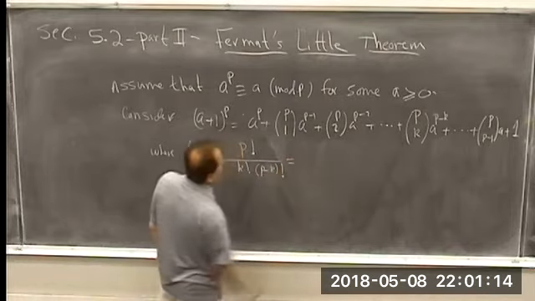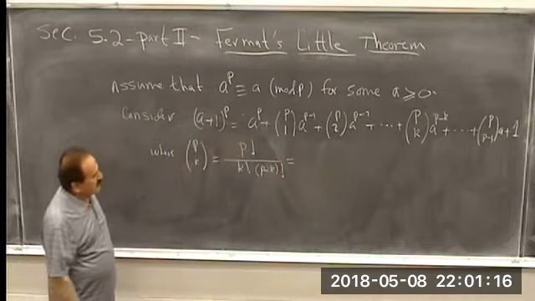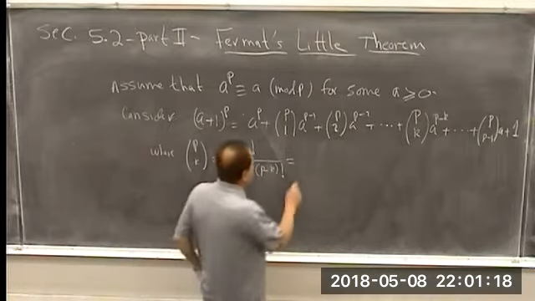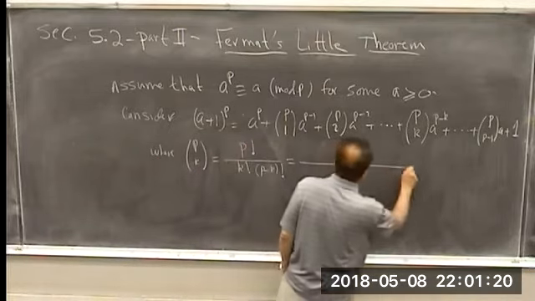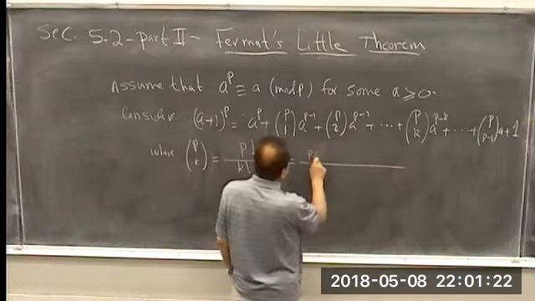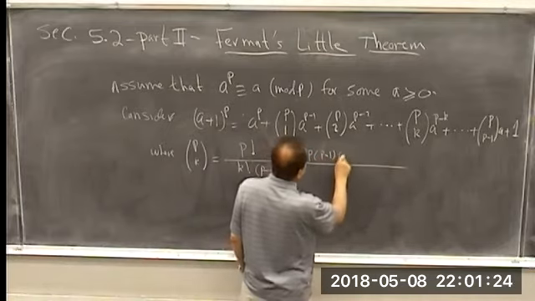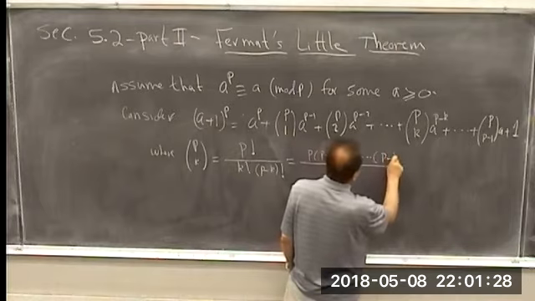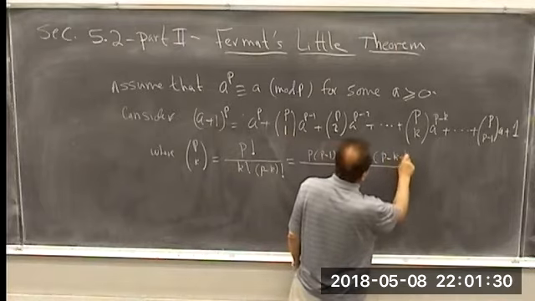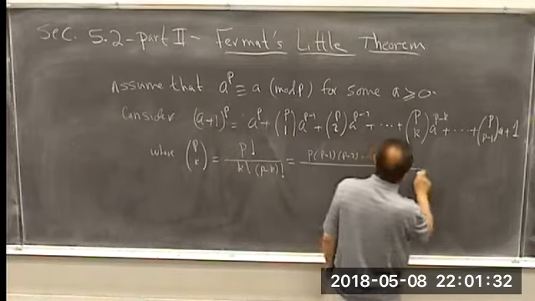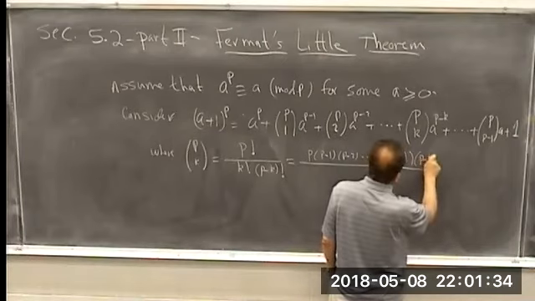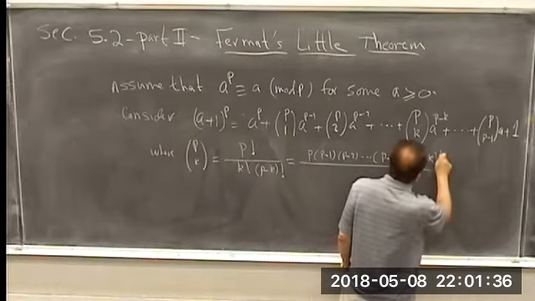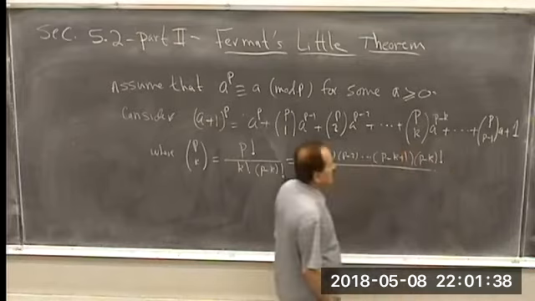All right, let's simplify this and write p factorial as p times p minus 1, p minus 2, up to p minus k plus 1, and then the next one is going to be p minus k, and then continue, so we're going to put factorial.